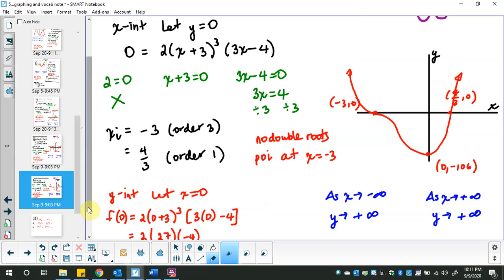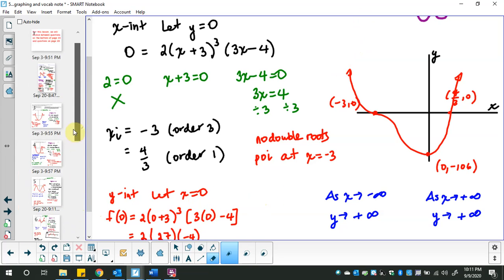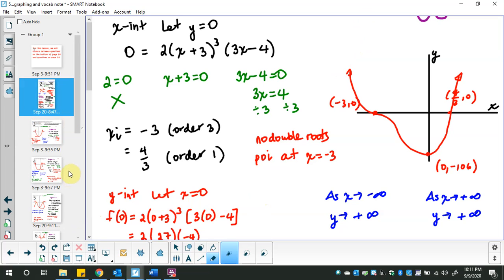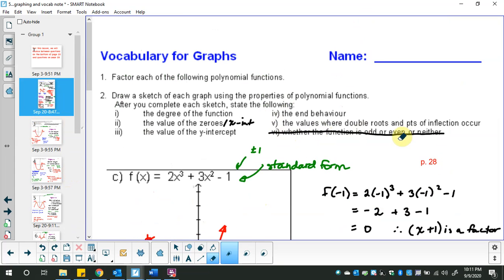So that is finally everything on this list except whether the function is odd, even, or neither, which is something that we will cover later on. It's actually simple once you get it. It's sort of like riding a bike, assuming you're okay with riding a bike.